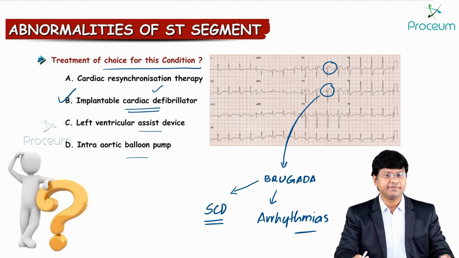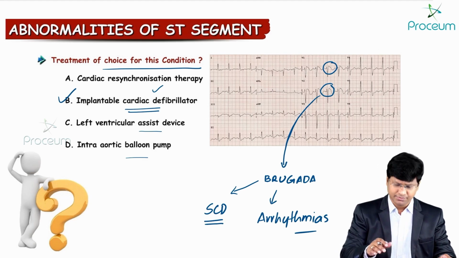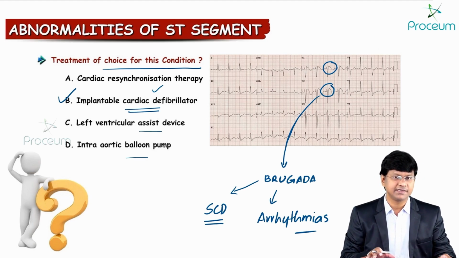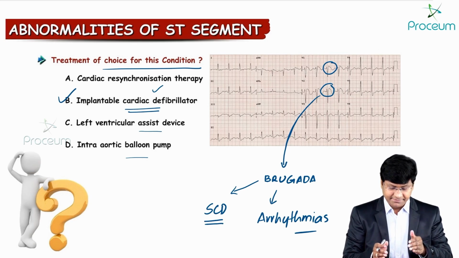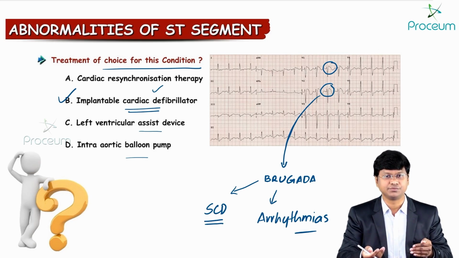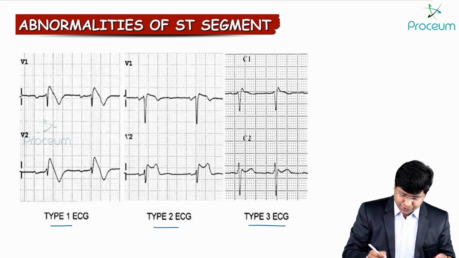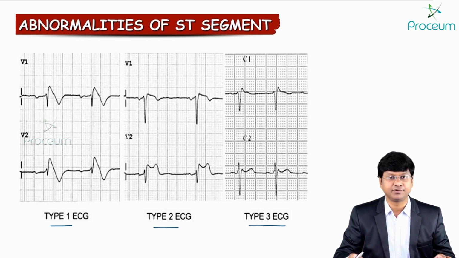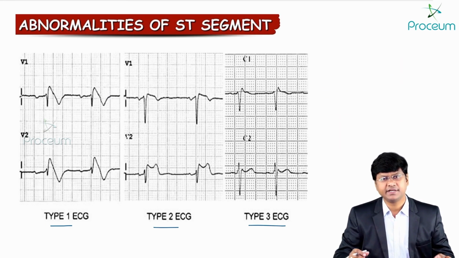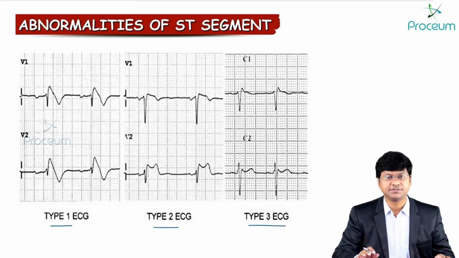Now, after having discussed this particular Brugada syndrome, okay, now let me show you the other types of ECGs, or like the types of Brugada syndrome. If you see here, we have three types of Brugada syndrome, that is type 1, 2 as well as the third type. Now what is the difference between all these three types? You will have ST segment elevation in type 1, type 2, type 3.